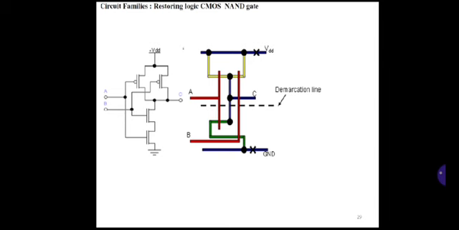A and B are the n transistors. A and B are shorted here and input is taken as A, and here they are connected in series. N transistors are connected in series, and the two upper transistors are connected in a parallel fashion. Using metal one, a VDD and VSS connection is taken, and a substrate connection and PVL connection is shown.